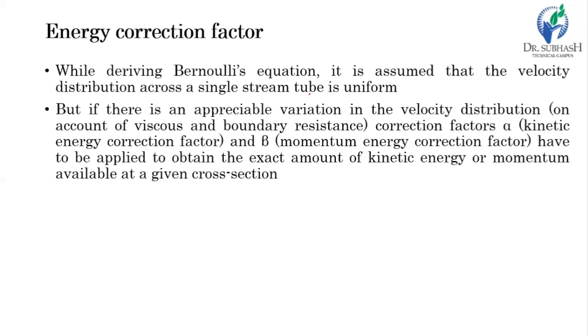But in many cases, or almost all cases, that is not possible at all, because if we consider a circular pipe, then throughout the section the velocity is not constant. Velocity is 0 at the bottom and the top, when it is in close contact with the solid boundary, and it is maximum in the center.